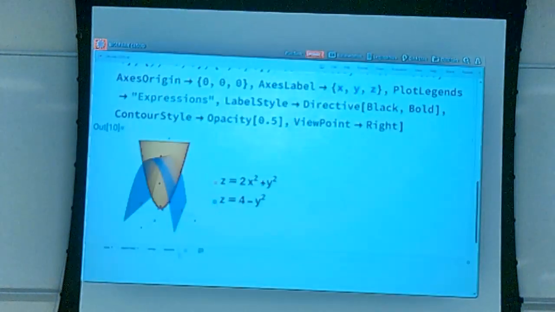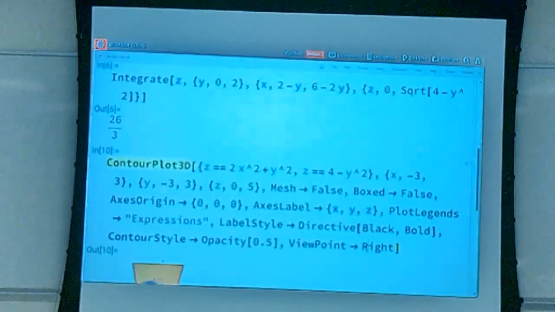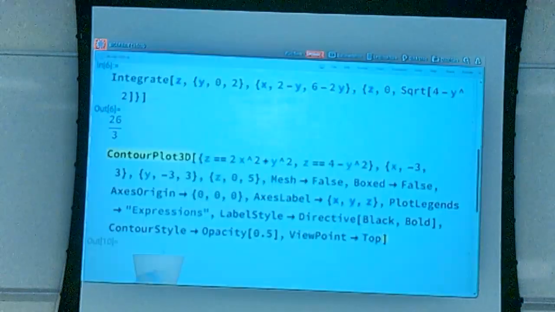We now need to define our domain, or the region on the xy plane. Essentially, then what we're going to be doing is doing this. We're going to view it straight down.